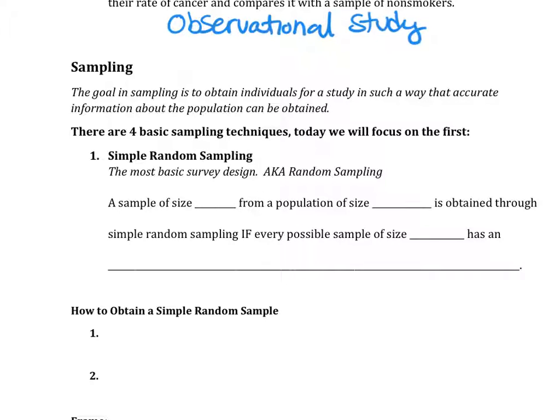This is the most basic survey design, hence the name simple random. Sometimes it's also just called random sampling, so those mean the same thing. To take a simple random sample, a sample of size lowercase n, that just represents the number of people in your sample, you're taking that sample from a population of size capital N. So again, the sample is just your group in your survey or your experiment.